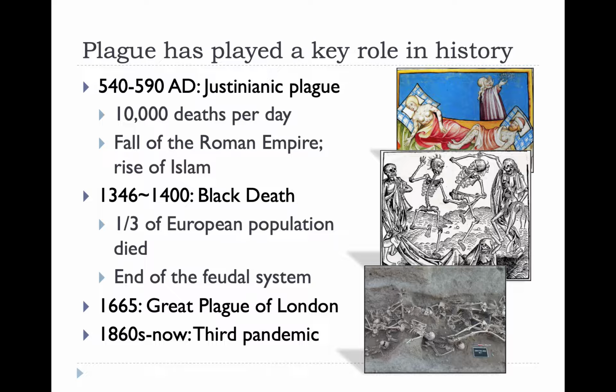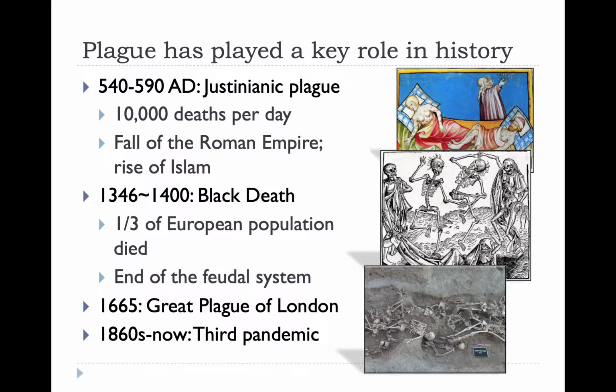Then the Black Death is the name given to an episode of the plague in the European population in the 14th century, and it's said that around a third of the population died from plague. And this led to substantial depopulation of the various countries involved, and a loss of labour in the rural areas.